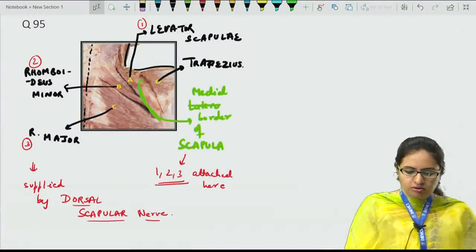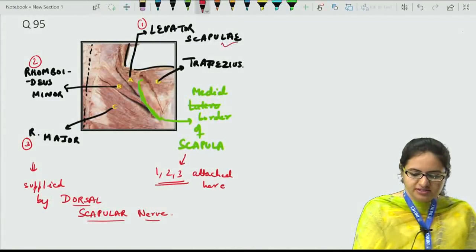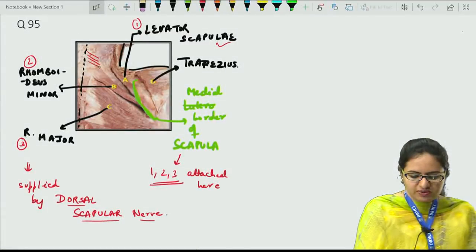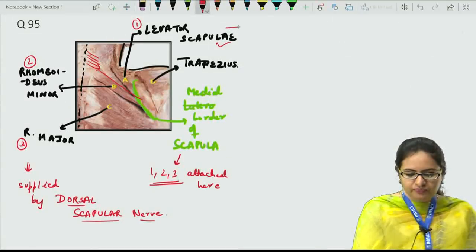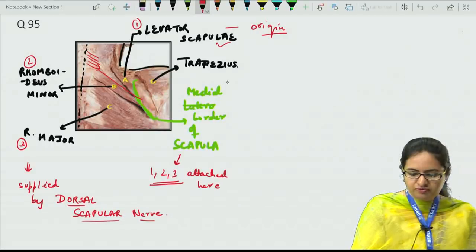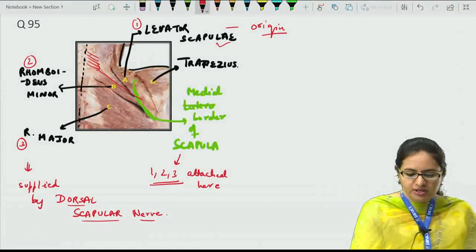Now when we talk about the origin and the insertion of these various muscles, the levator scapulae originates from the medial aspect, that is the vertebral column, and then comes towards the medial border of the scapula. The insertion is common at the medial border of the scapula.